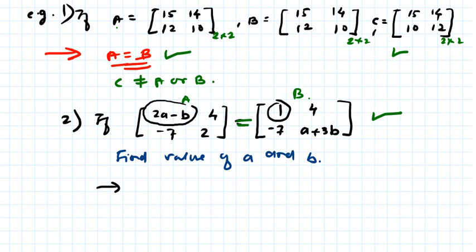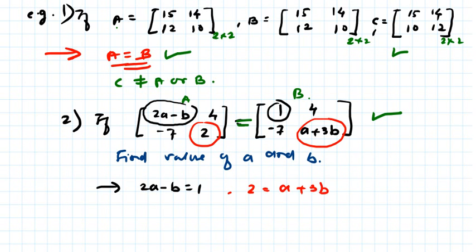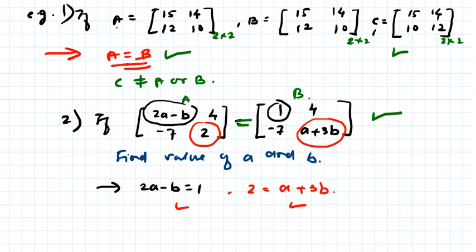So this implies 2a minus b equal to 1, and this 2 should be equal to a plus 3b. So by solving these two simultaneous equations we will get the values of a and b. So the first equation is 2a minus b equal to 1 and the second is a plus 3b equal to 2.